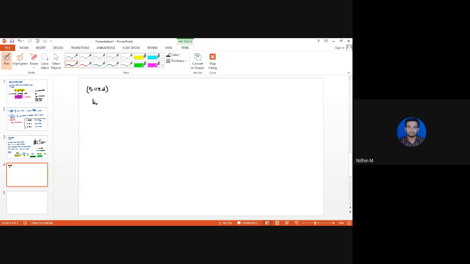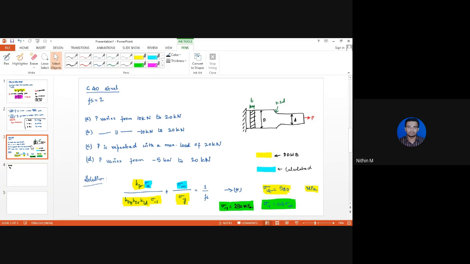The size factor Ks is dependent on the diameter of the shaft. What is the diameter of the shaft given? Write it down: the diameter of the shaft is given to be 50 mm.